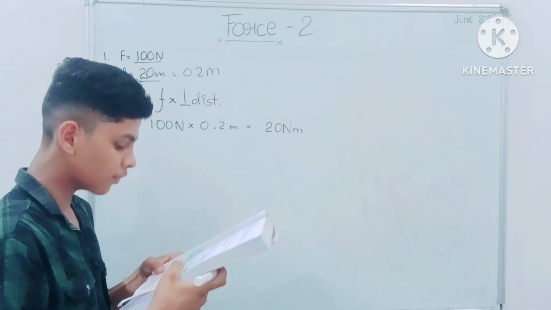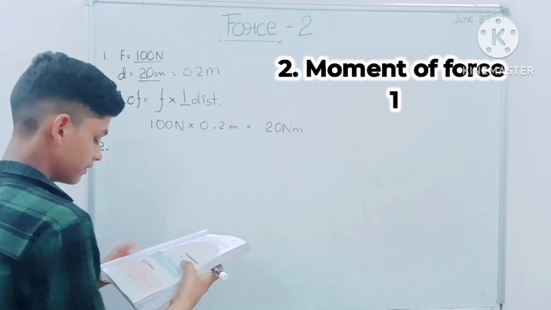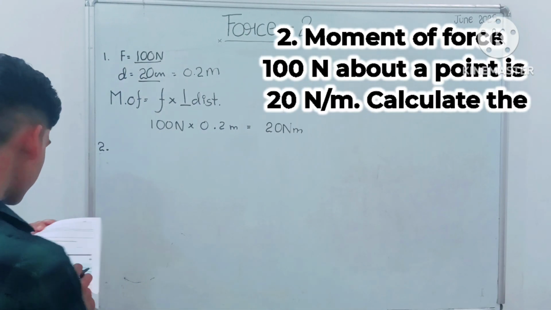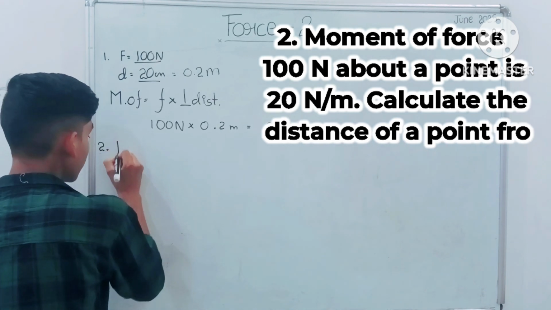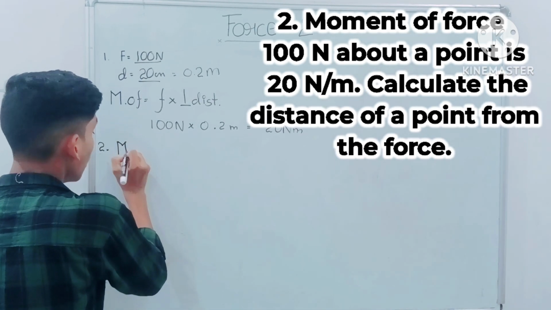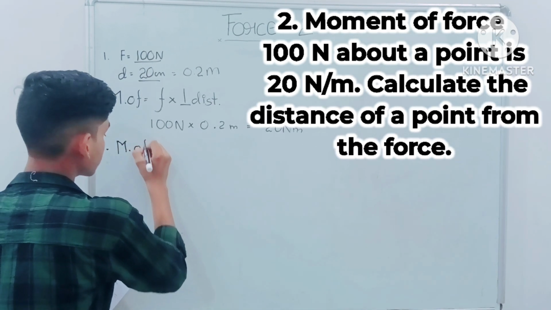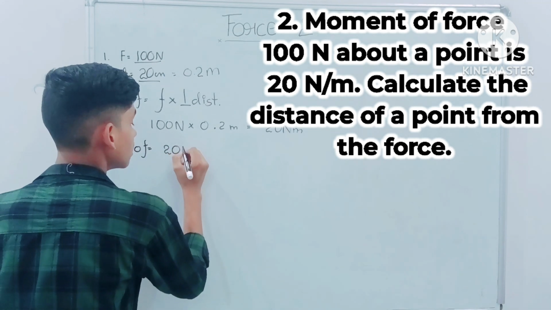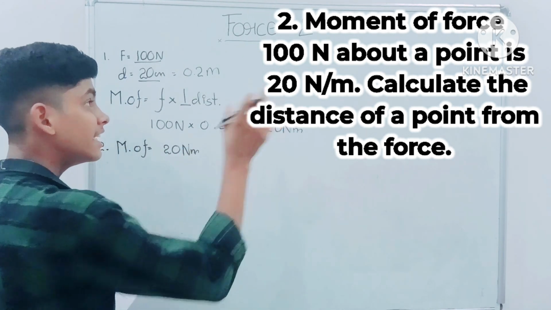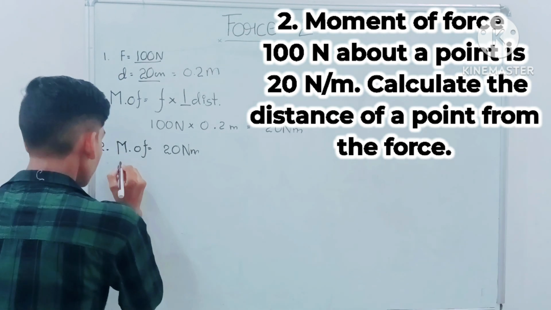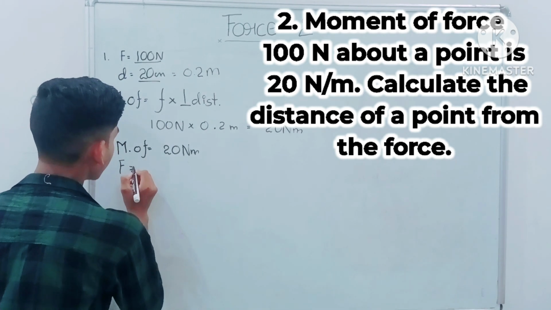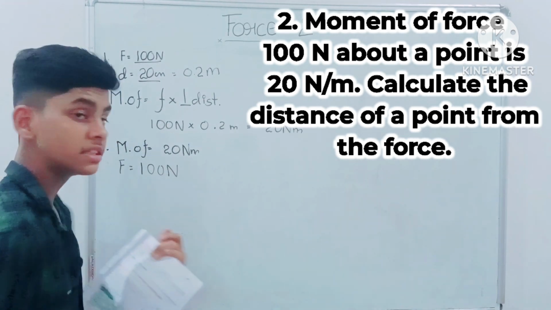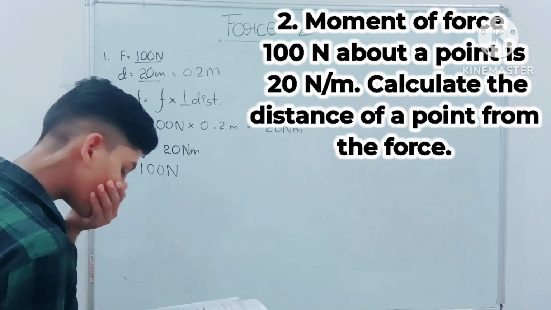The moment of force about a point is 20 Newton meter, and the force is 100 Newton, because Newton is the unit of force.